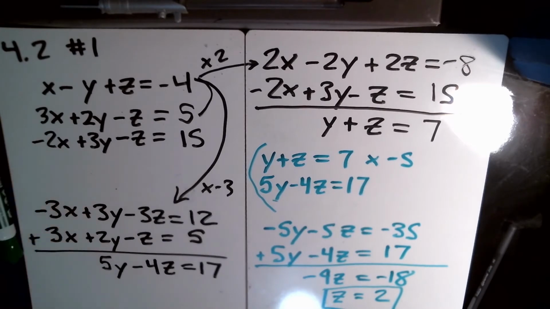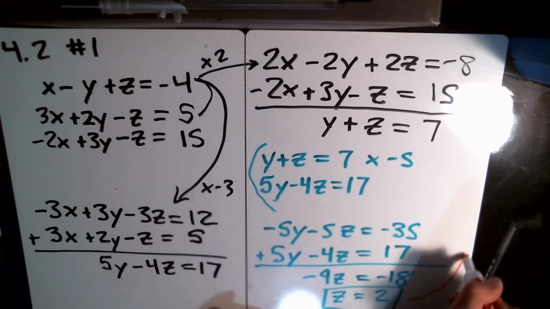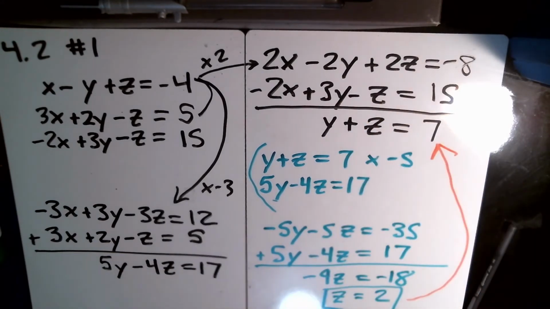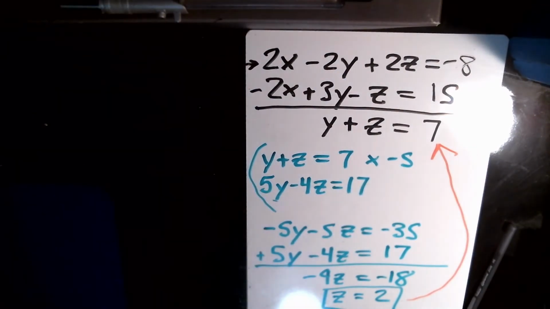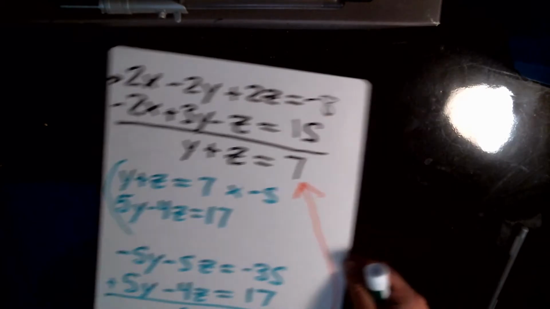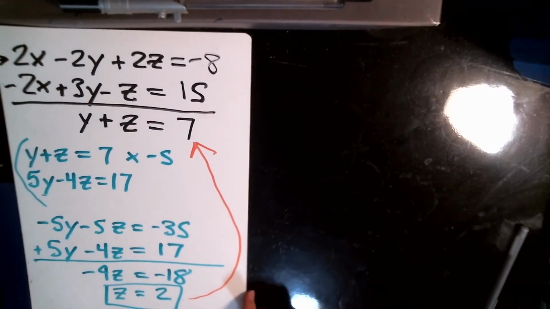So I'm going to take my z, and it doesn't matter if you plug it into this one or this one. They both just have 2 variables in it, so I'm going to plug it into that one right there. Okay, that's what I'm going to do. And so when I do that, I'm going to maybe remove this off. Get some more space here.